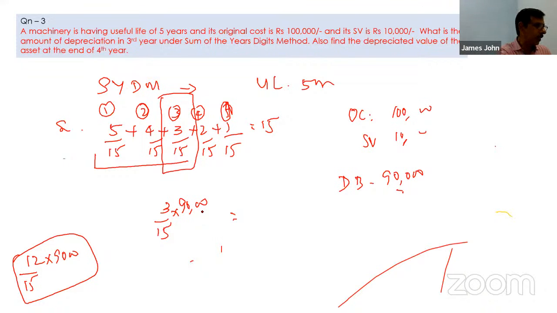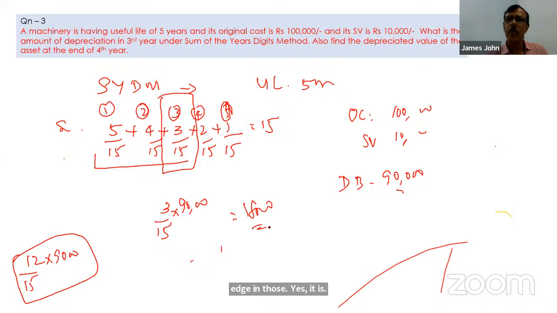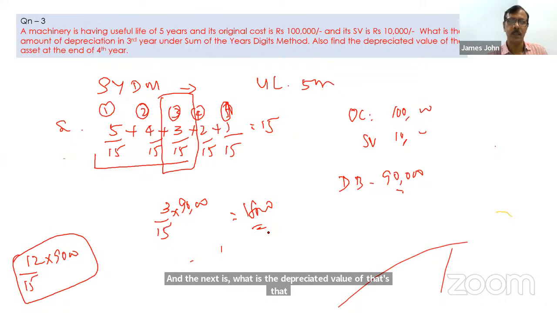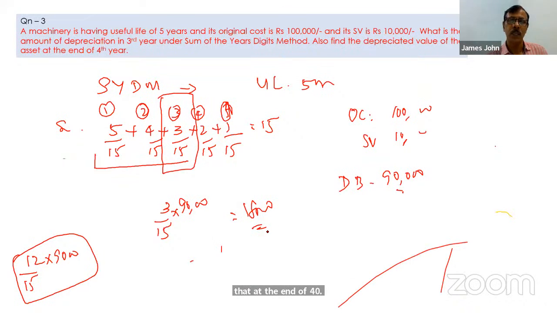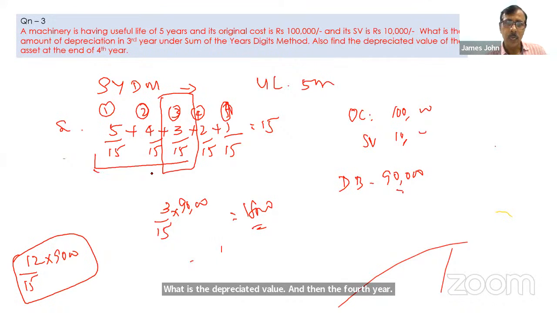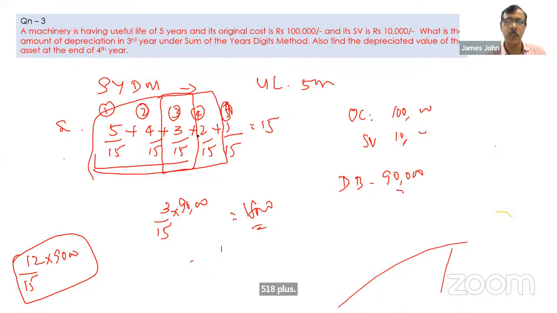Third year depreciation is 18,000, sir. Yes, it is 18,000. And the next is, what is the depreciated value of the asset at the end of fourth year? You have to calculate up to 4-year depreciation, means 5 by 15 plus 4 by 15 plus 3 by 15 plus 2 by 15.